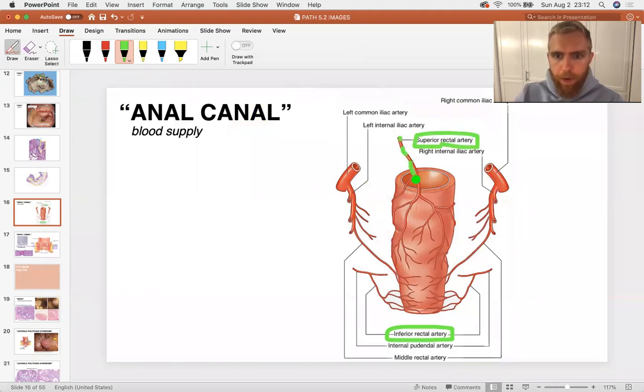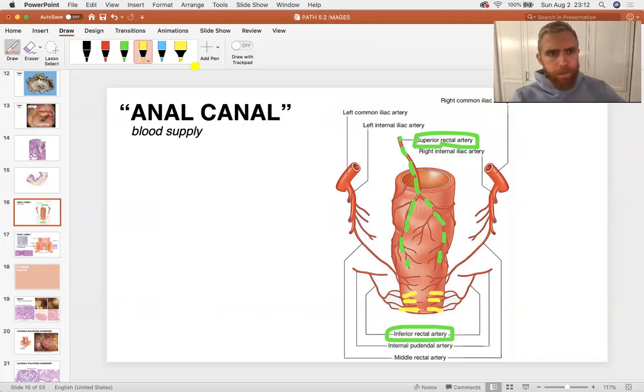We'll put superior in green, and we'll trace its pathway down. And you can tell that the superior rectal artery does not supply all of the rectum. And then we'll go from the bottom in yellow and look at the distribution of the inferior rectal artery. And again, you can tell the inferior rectal artery does not supply all of the rectum.